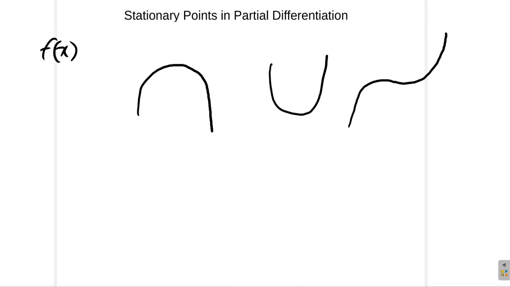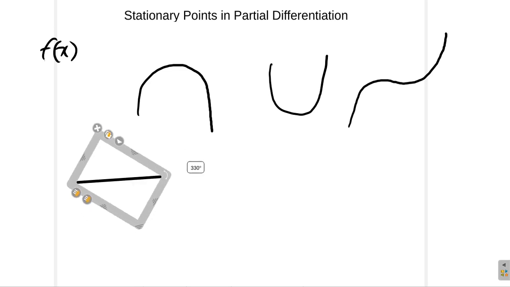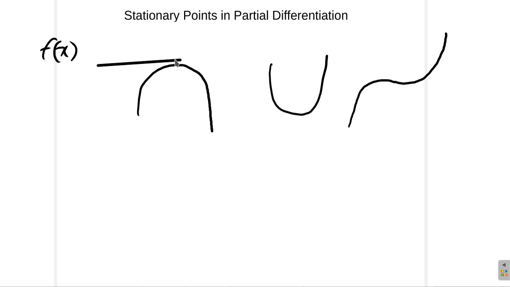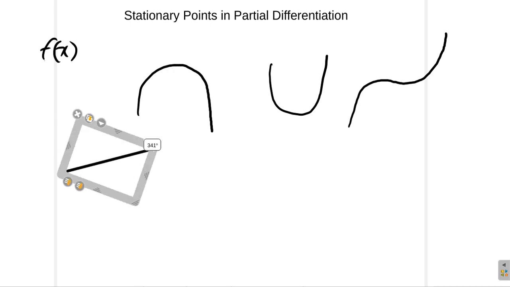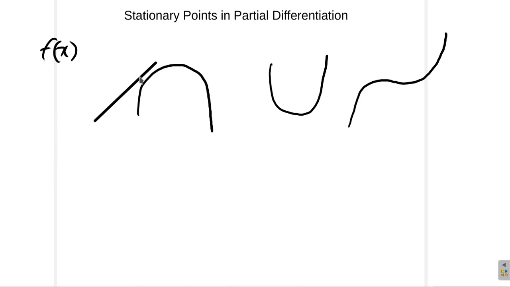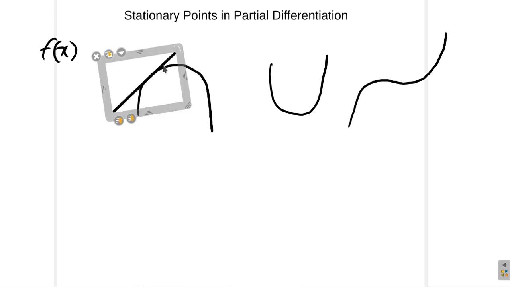So you have a line, and if it touches the curve at any point, you say it is a tangent to the curve at that point, which you call the point of tangency.